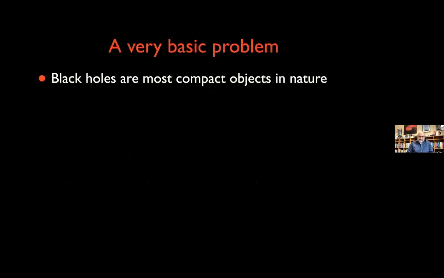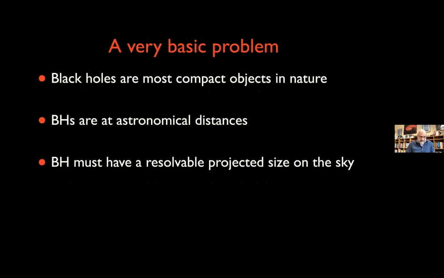Okay, so first of all, a very basic problem. Black holes are the most compact objects in nature. You can't possibly concentrate energy or matter into a smaller volume. And the second is that black holes are at astronomical distances, which is probably a good thing for us. But this also means that if you want to take an image, this object has to be resolvable on the sky.